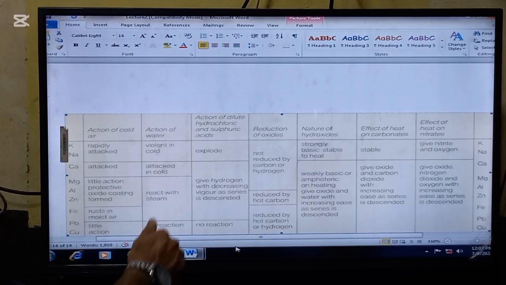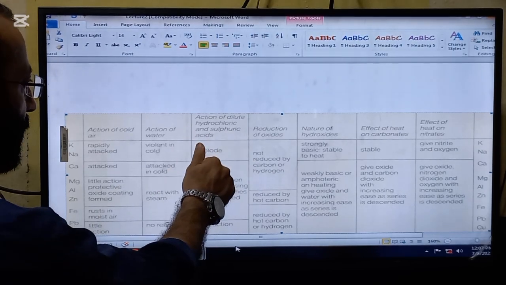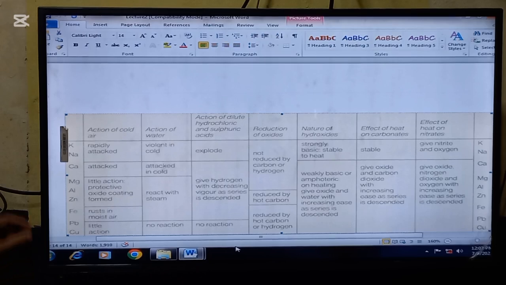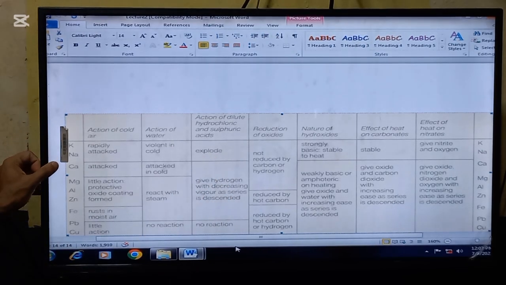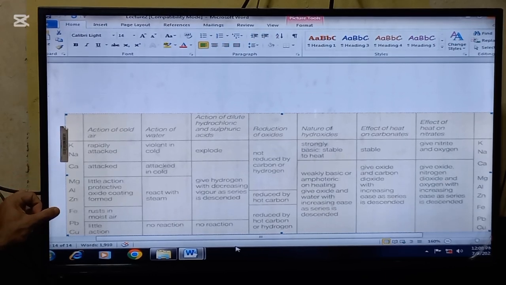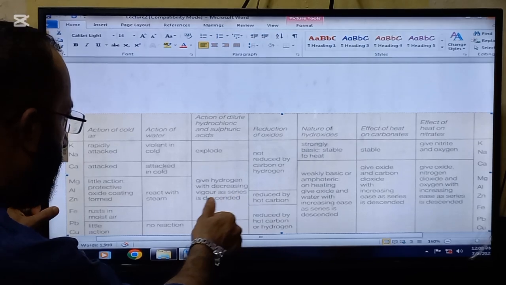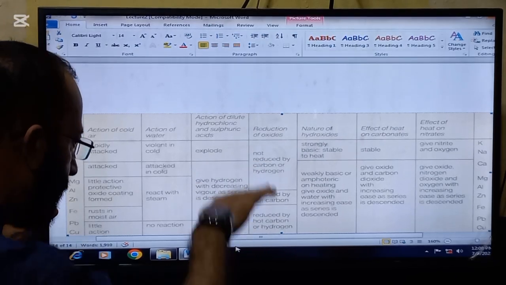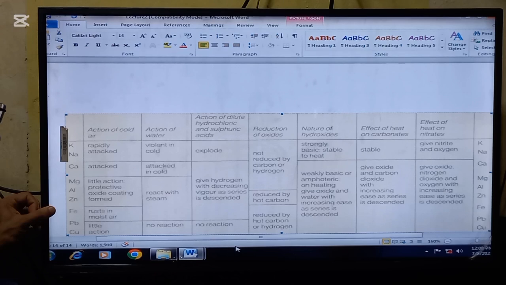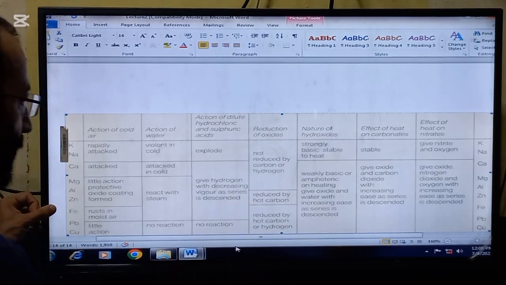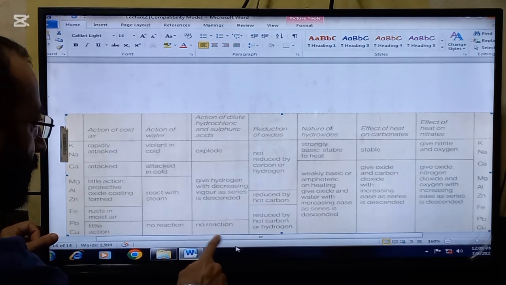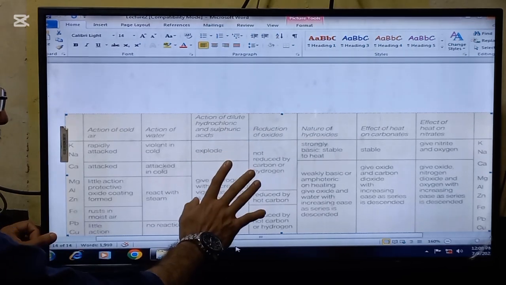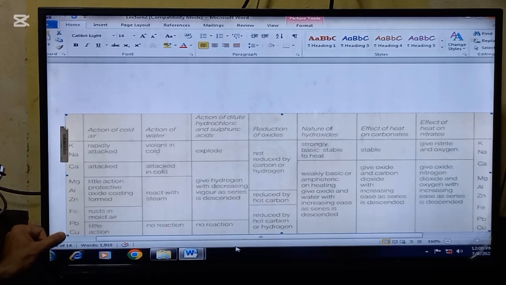Next thing that we are going to read is the action of dilute hydrochloric acid and sulfuric acid. Potassium and sodium explode. Then calcium, magnesium, aluminium, zinc, and iron give hydrogen with decreasing vigor as the series is descended. So as you go down this series, the reactivity decreases. And finally, lead and copper: there will be no reaction with dilute hydrochloric acid and sulfuric acid on these two metals.